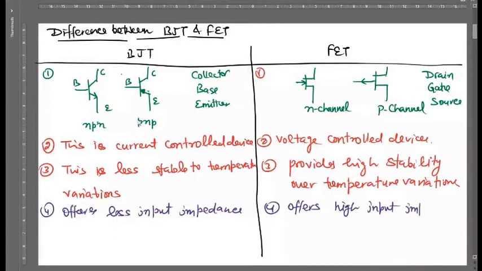FET gives high input impedance. Okay, these are four differences, and these are the main differences. You must keep these differences in your brain always. Okay, fine. I don't think there is any doubt.